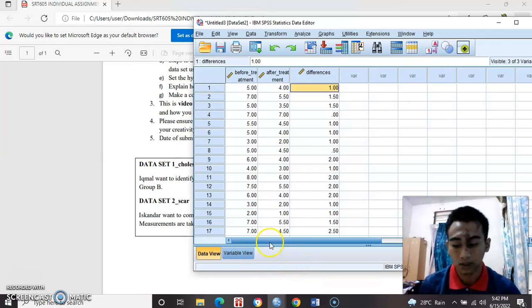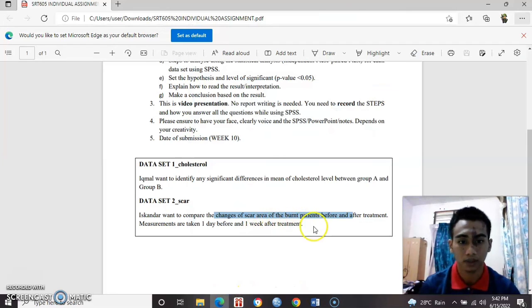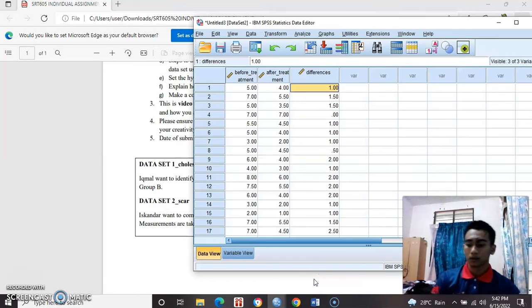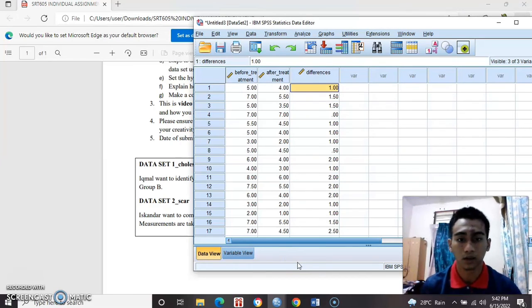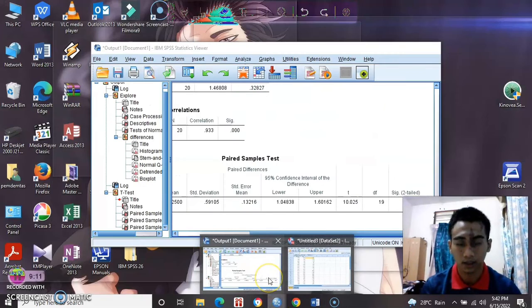The alternative is there is a significant difference in the change of the scar area of the population before and after treatment. That is the hypothesis, and the indication is to reject if the p-value is less than 0.05 and not reject if the p-value is more than 0.05.